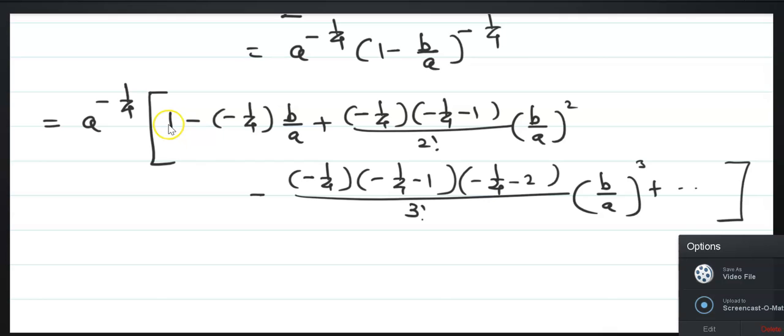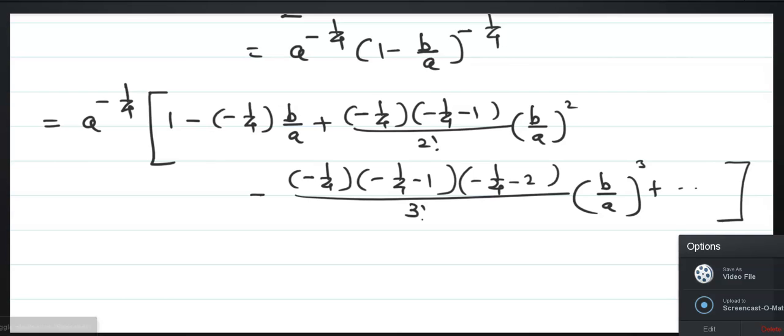Now see this here. 1 minus, and minus 1 by 4 into B upon A, alternately minus and plus will be there, plus minus 1 by 4 minus 1 by 4 minus 1 upon 2 factorial into B upon A bracket square, minus 1 by 4, minus 1 by 4 minus 1, minus 1 by 4 minus 2 upon 3 factorial into B upon A bracket cube plus and so on.